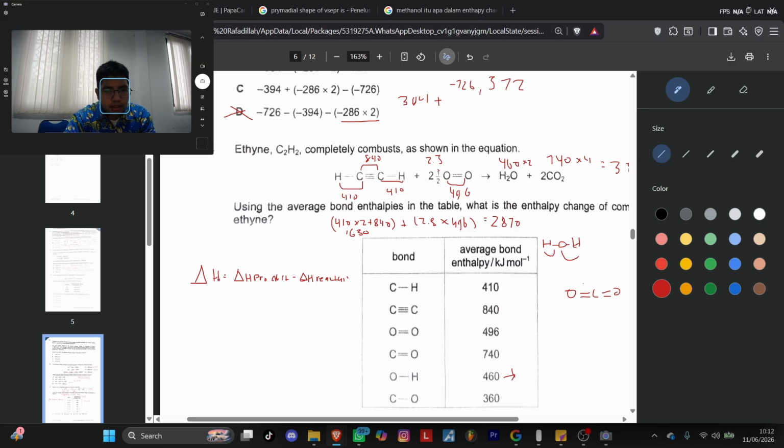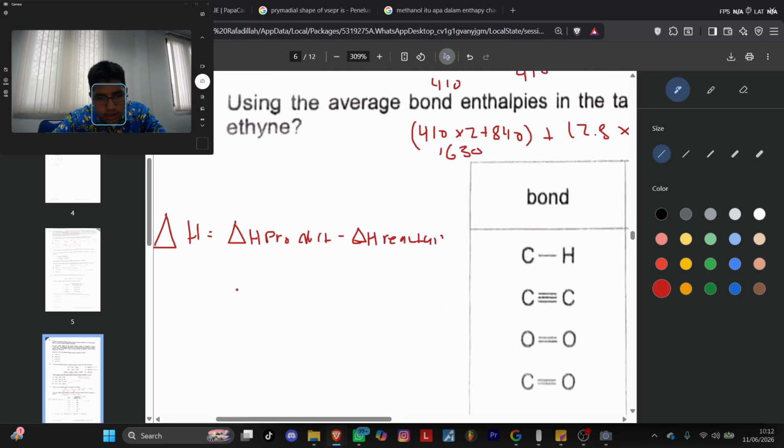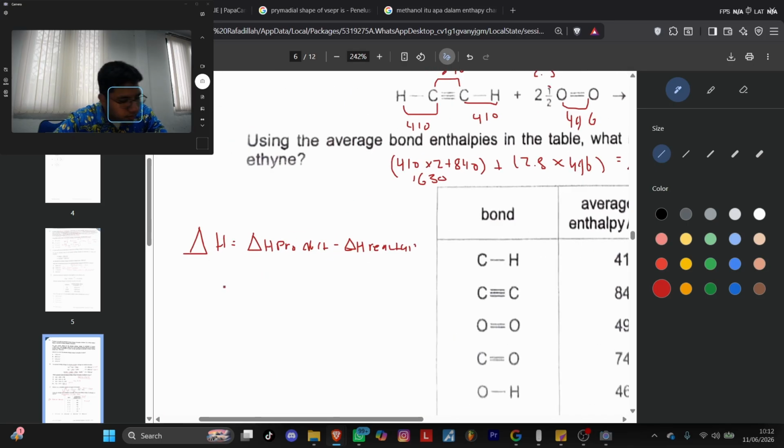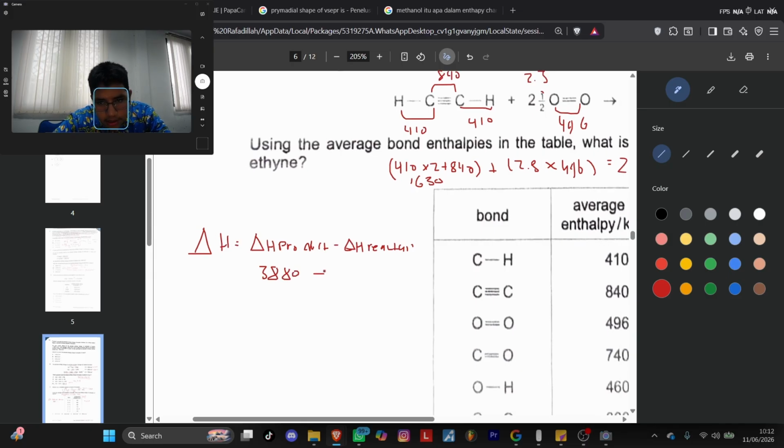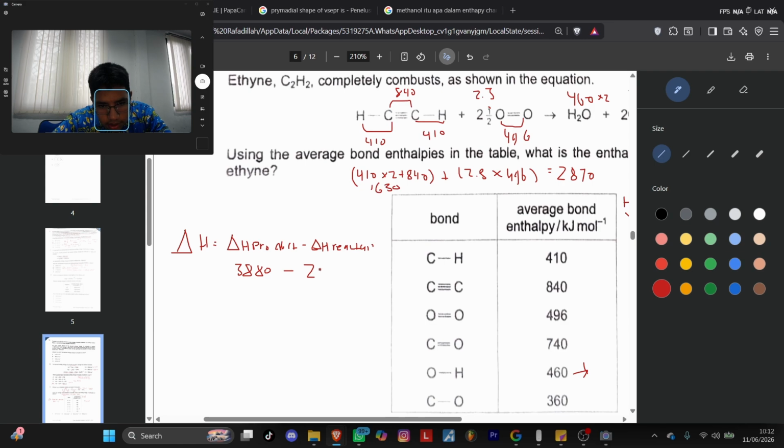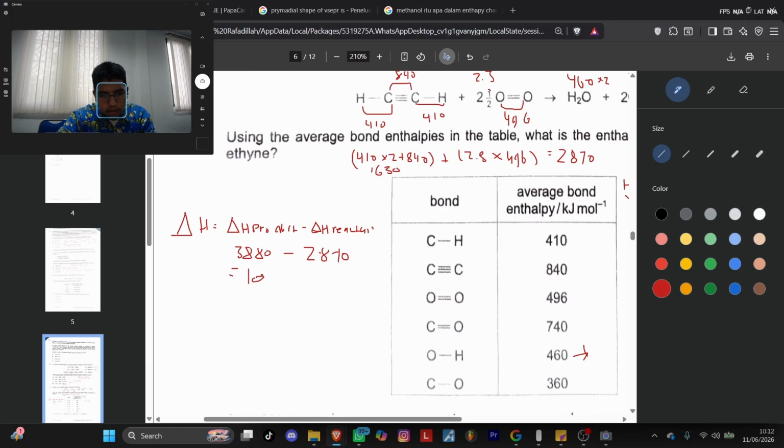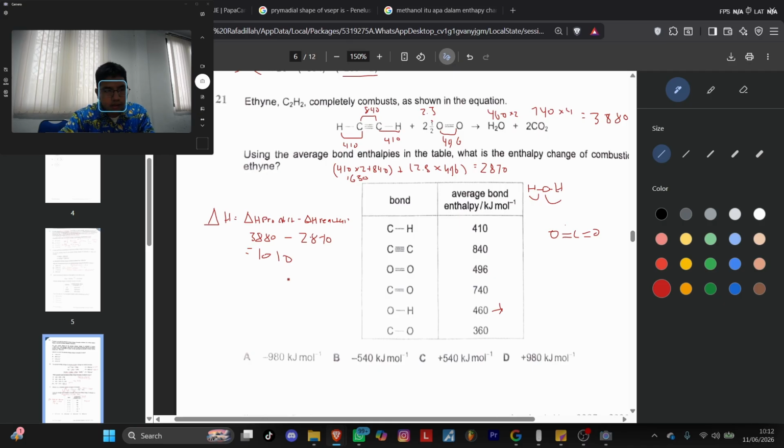From this equation, we know the equation is 3,800 minus 2,870. Okay, now we calculate it. The answer is 1,010. Let us see.